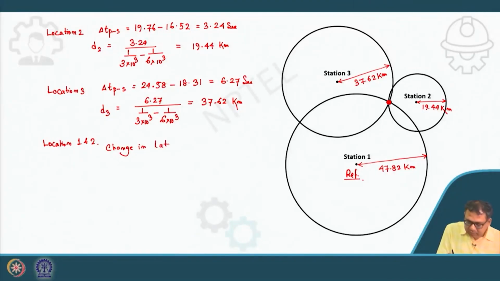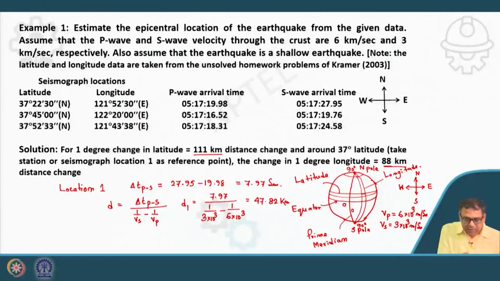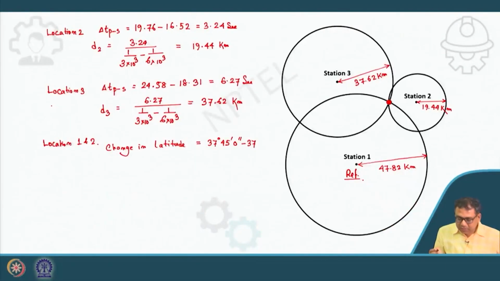latitude is how much? Change in latitude, you can see that is 37 degree 45 minute 0 second minus 37 degree 22 minute 30 second.